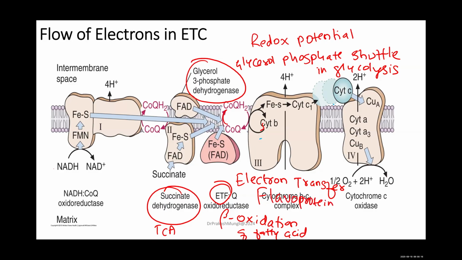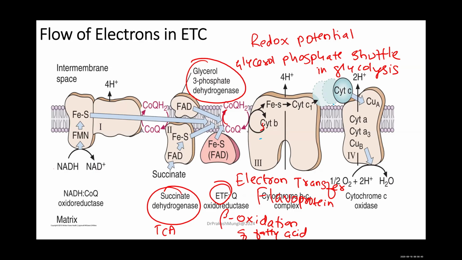It is made using riboflavin. That's why it is a flavoprotein. Any name with flavo is always derivatives of riboflavin. So these are the three complex 2s: succinate dehydrogenase, electron transfer flavoprotein, which is there in beta oxidation, and glycerol phosphate dehydrogenase.